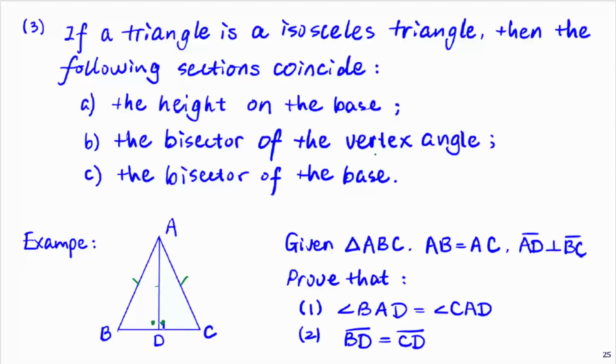We should use angle B equals angle C. So by AAS, we know triangle ABD is congruent to triangle ACD, right? Then we can prove angle BAD equals angle CAD, and also BD equals CD, right? Are you clear? Okay, so we have learned 3 important properties of isosceles triangle.